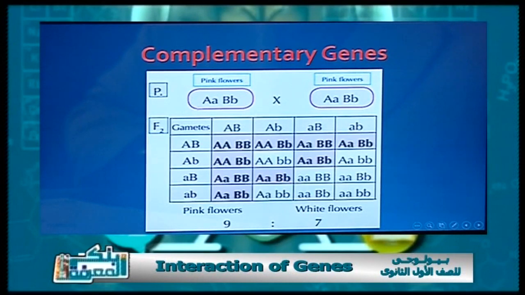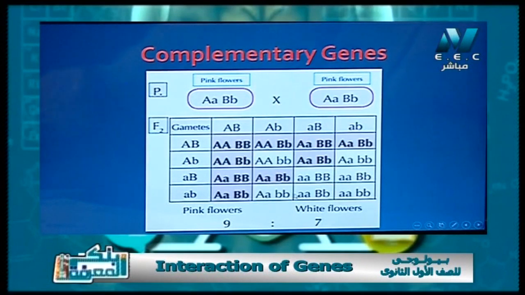These are the individuals of the second generation, and these are the gametes of the first individual and the gametes of the second individual, and by crossing the gametes with each other, we will find that some individuals were pink and others were white.